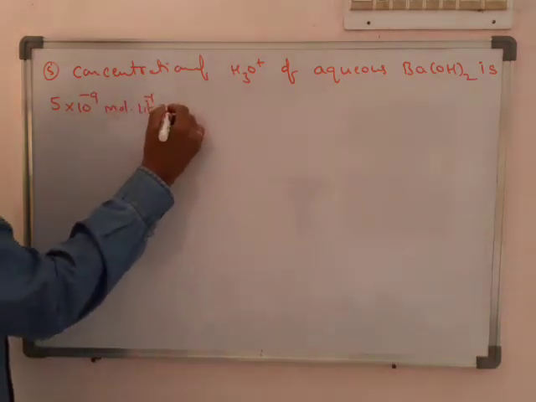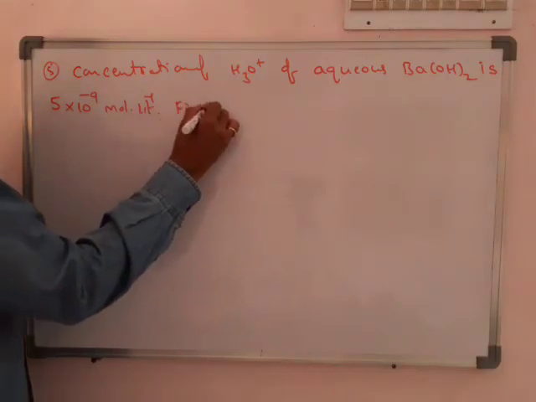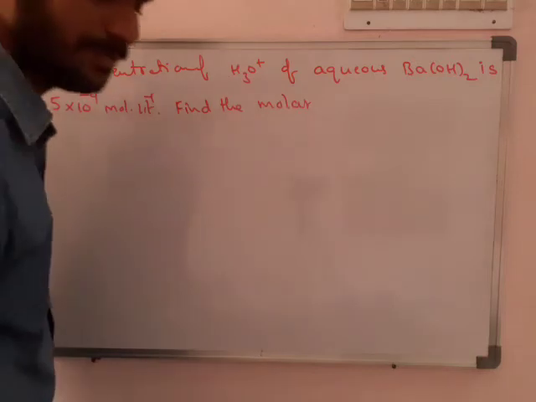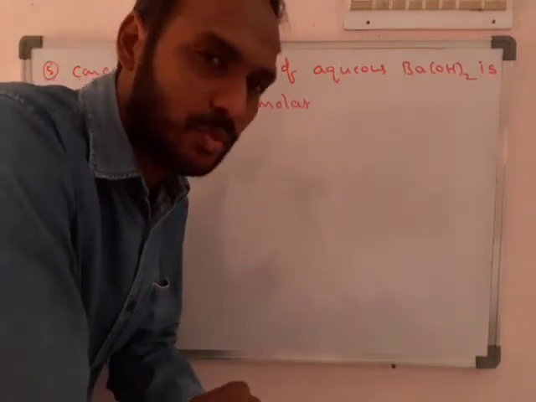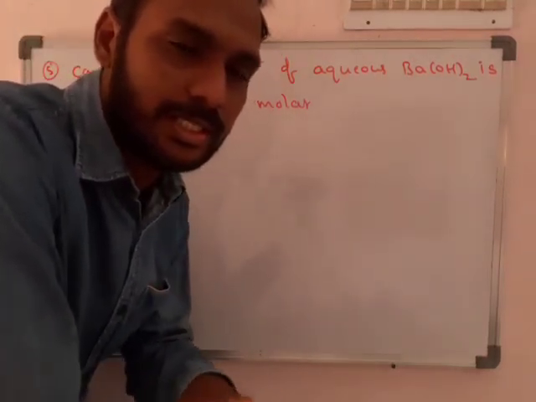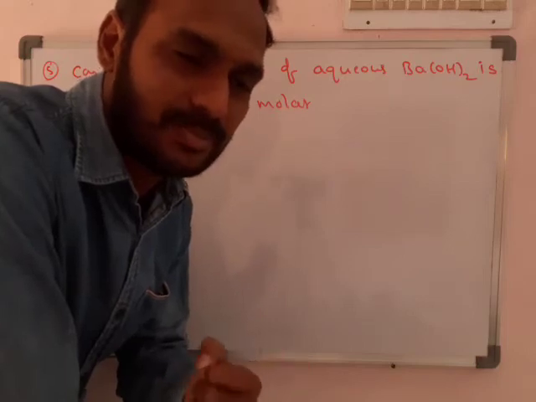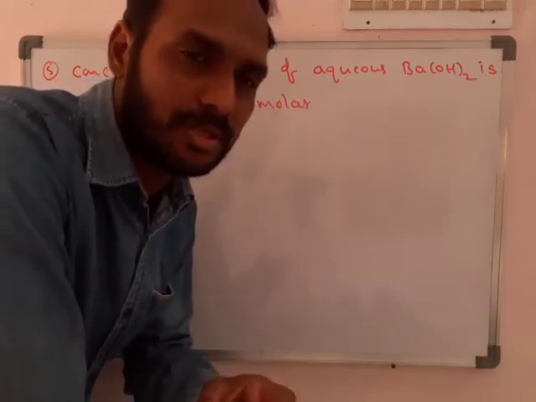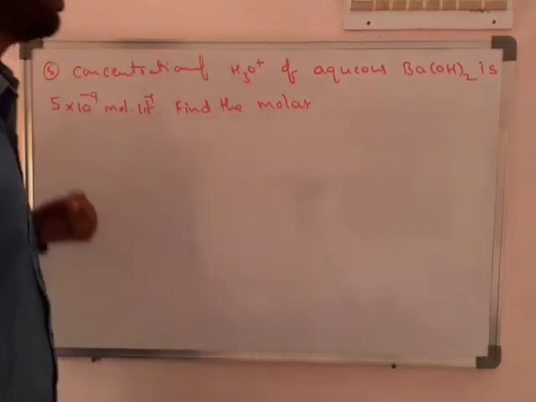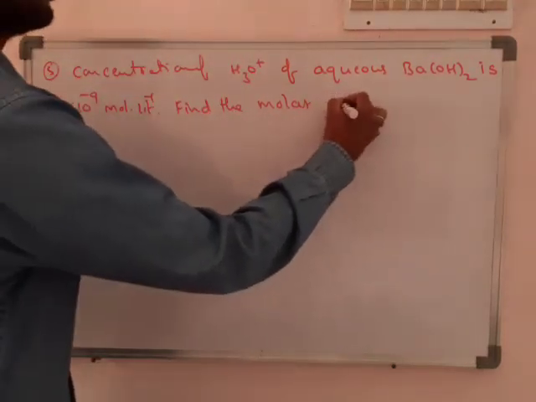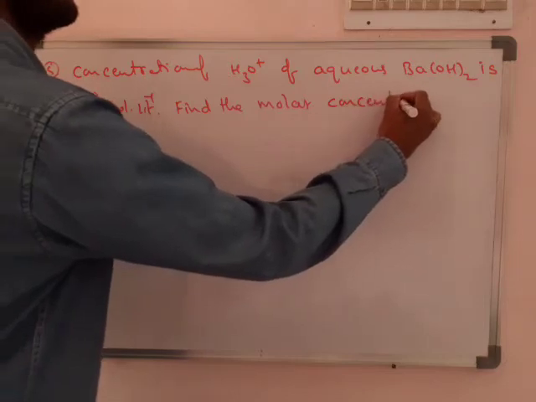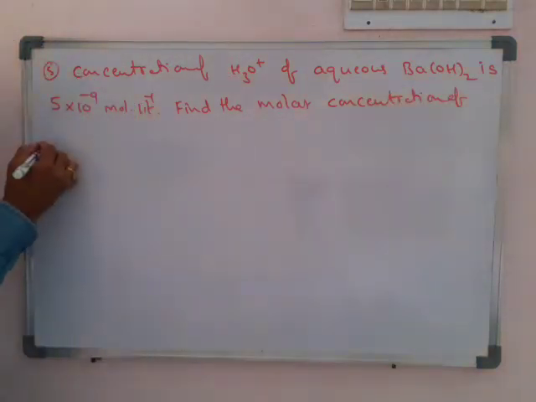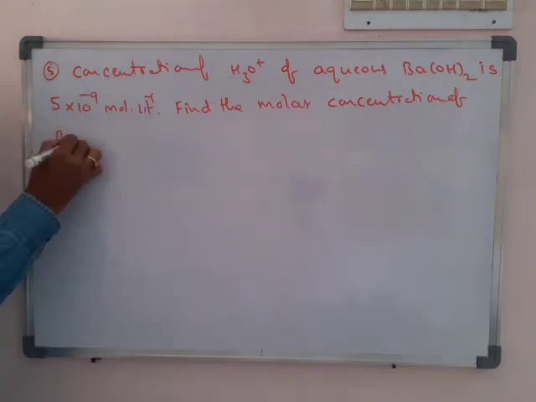What is the molar concentration? Molar concentration means we have to find the concentration in terms of molarity. If it is given molal, we have to find the concentration in terms of molality. Okay, so find the molar concentration of barium hydroxide.